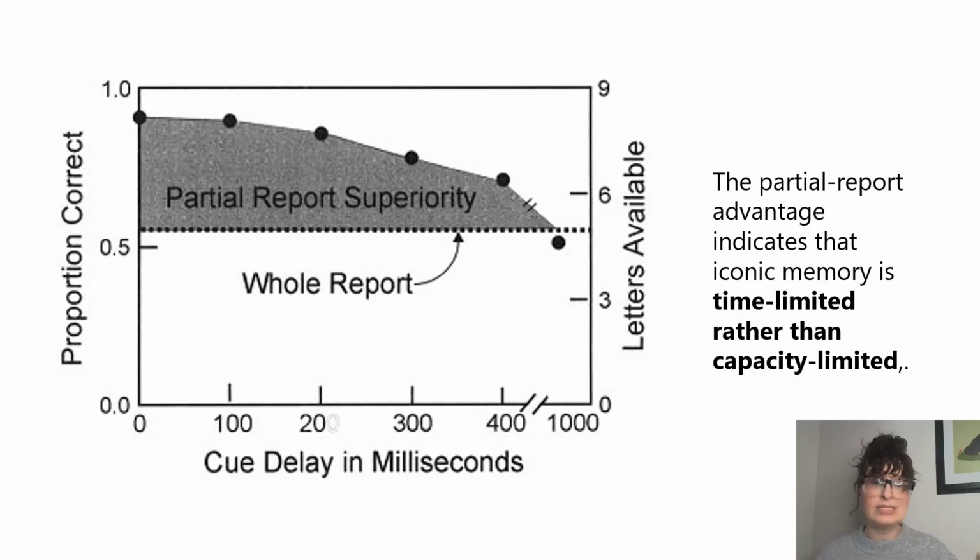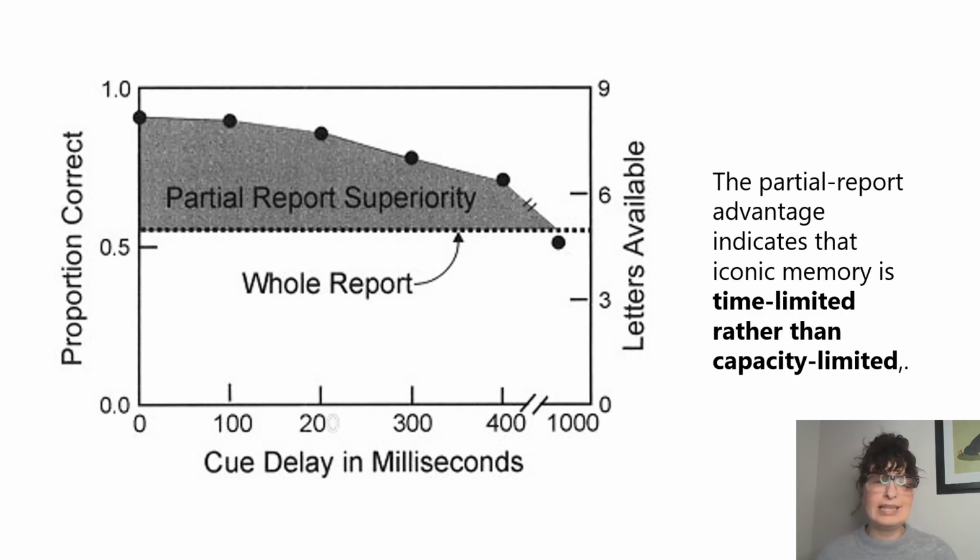What you can see is that iconic memory has a brief duration on the order of a few hundred milliseconds, because you see a rapid decay in performance, with most information becoming inaccessible within about 300 to 500 milliseconds. That dotted line represents the whole report condition, where participants could report on average between 4 and 5 items out of 9.